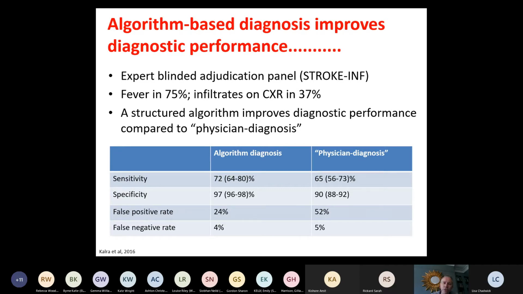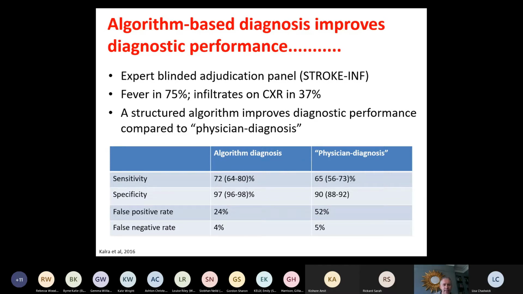We took the adjudicated expert panel diagnosis as the reference standard, and then asked how good clinician diagnosis or algorithm diagnosis was compared to the expert panel diagnosis. It's worth bearing in mind that this population in STROKE-INF had infiltrates on chest X-ray in only about a third, and only three quarters of them had fever.